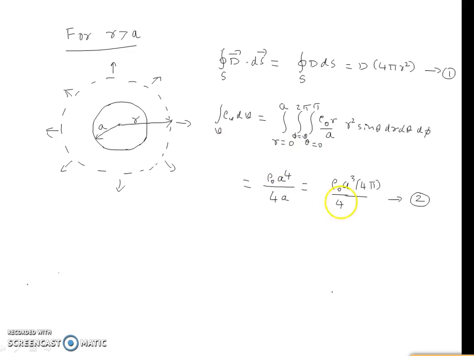So the charge enclosed is given by this expression. It's rho naught a cube into 4 pi divided by 4. From Gauss law, this 1 and 2 are equal, that is flux emerging from the closed surface is equal to the charge enclosed by the closed surface.